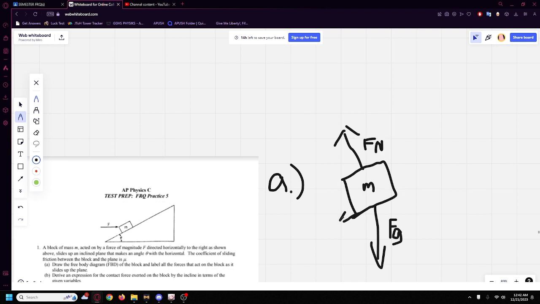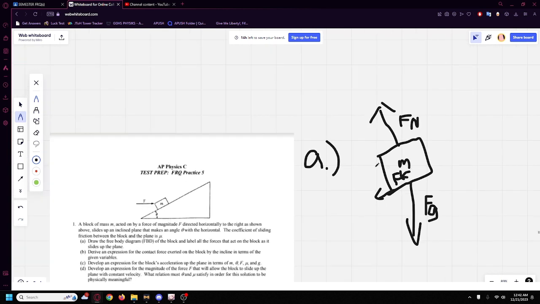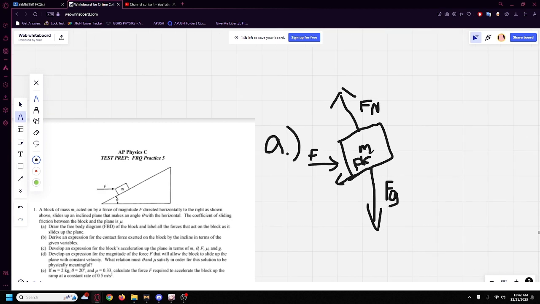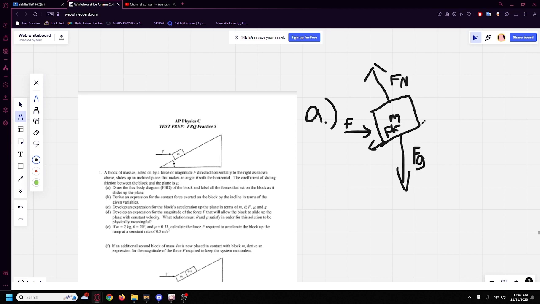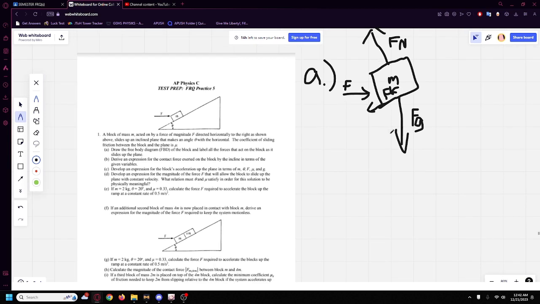Acting against the block is F_k. What's pushing the block is F. And that is it without changing any angles.